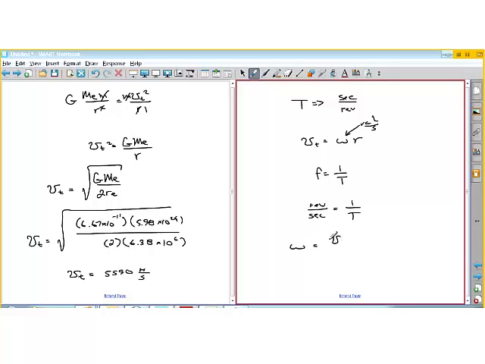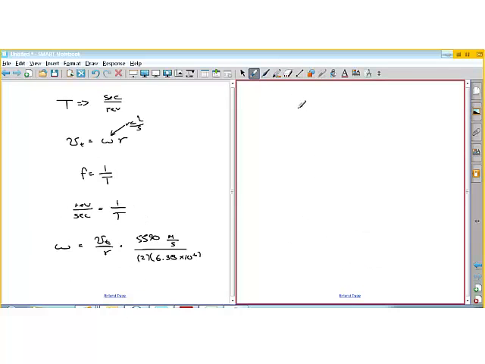So omega is equal to the tangential velocity divided by r. 5,590 meters per second divided by the radius, which is not the radius of the Earth, but the radius of the orbit. So it's 2 times the radius of the Earth.